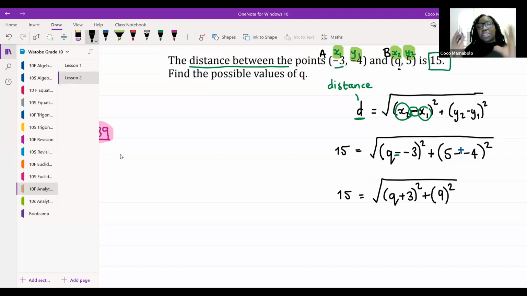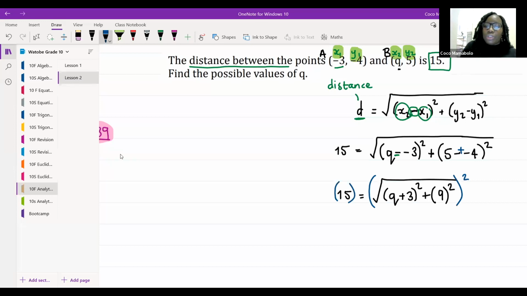You're still with me. Are we still together? Yes, ma'am, very much so, like glue. Okay. I want to get rid of the square root sign. If I want to get rid of the square root sign, I'm going to square it. But I can't do it to one side. If I do it to the right-hand side, you have to do it to the other side.